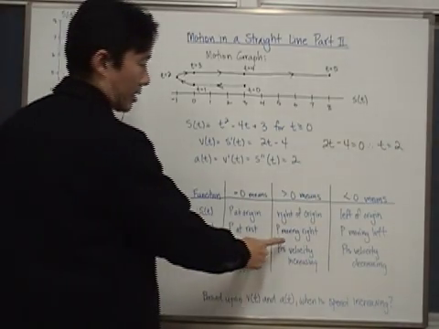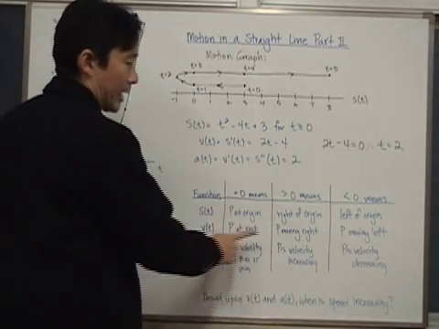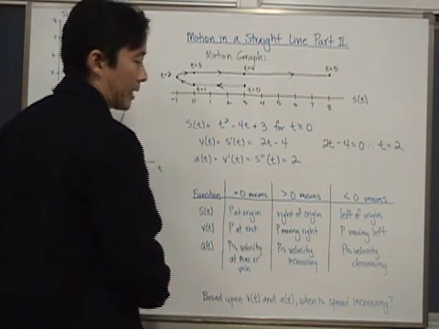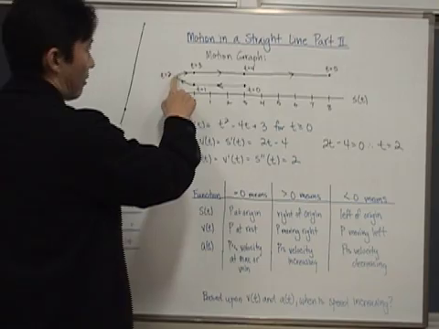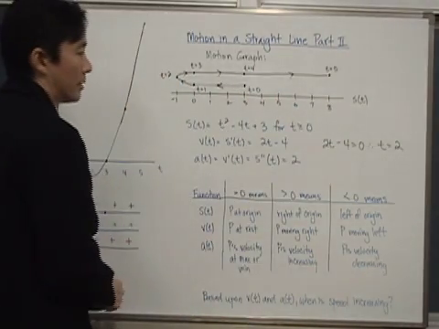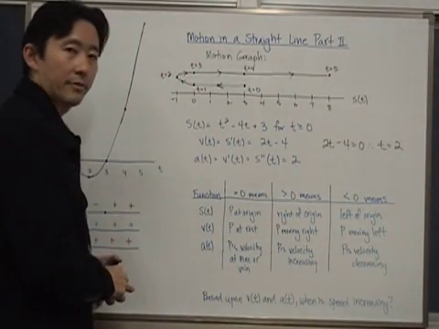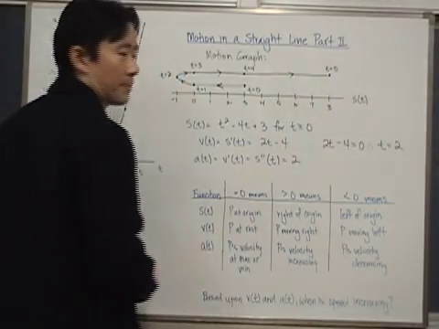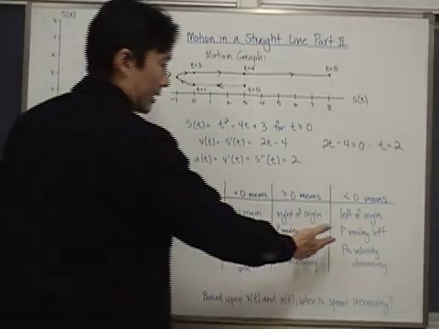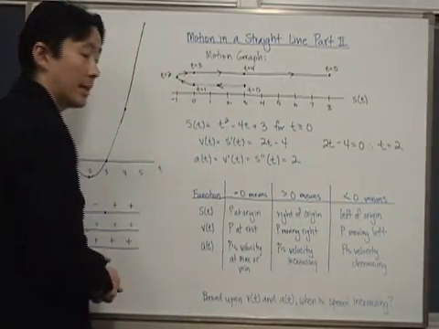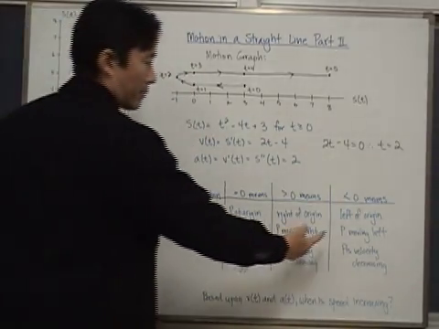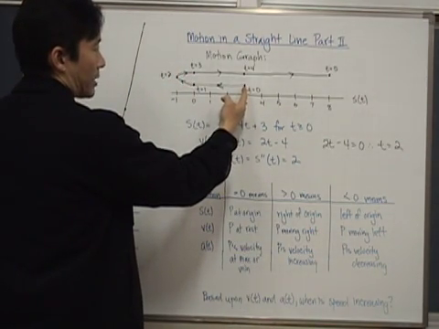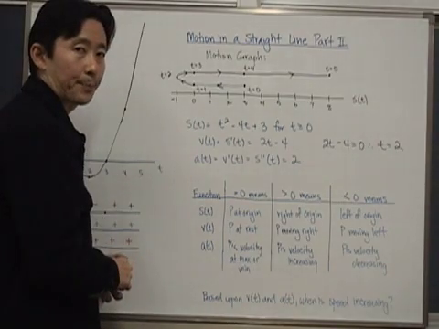Now, if we talk about when the velocity is greater than 0, that means that it's moving to the right, then that means that from here on, the particle actually has a positive velocity. Okay, so anytime after 2, velocity is positive. Okay, let's take a look at when the velocity is less than 0 or negative. That means that the particle is moving to the left, and that's anywhere from t is equal to 0 to t is equal to 2.